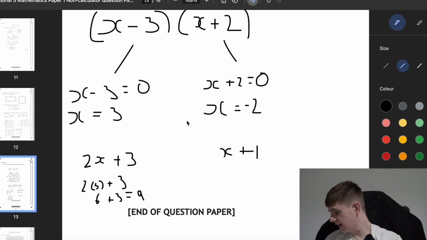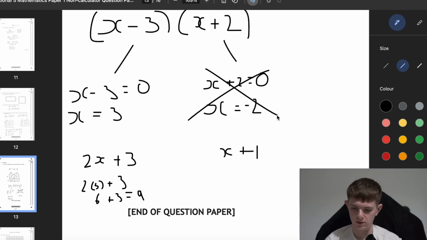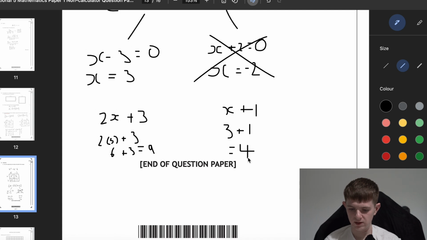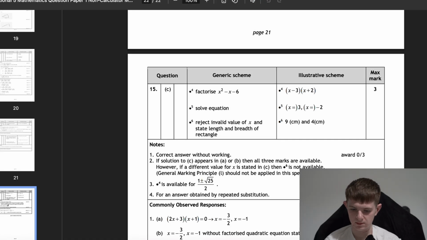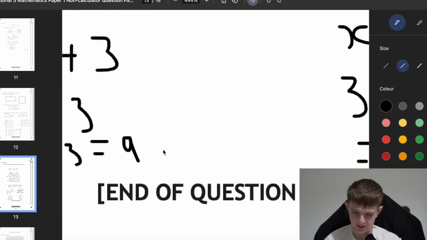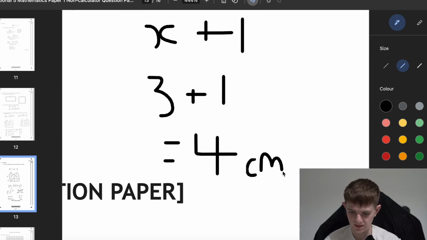If I tell you that this iPhone was negative 2 centimetres, you'd be like, well, that can't be, right? So cross this out, and again we sub in a 3 there. So 3 add 1 gets us 4. So our two answers are 9 centimetres and 4 centimetres.